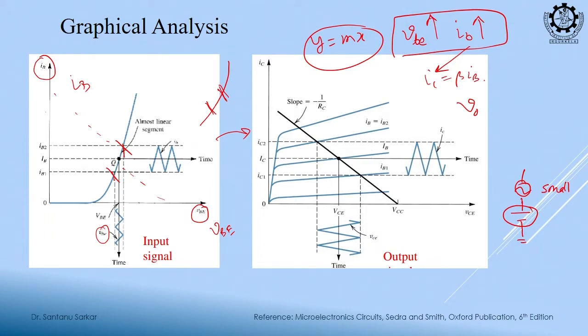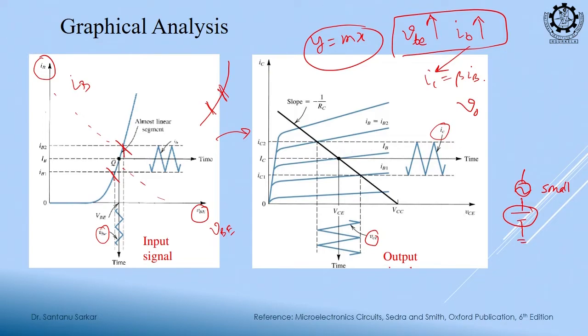Clear? So, now you see at the output side what we are doing? Because of this variation, now my output current IC is also varying, and if IC is varied, my VC will also vary, and this VC is my output.